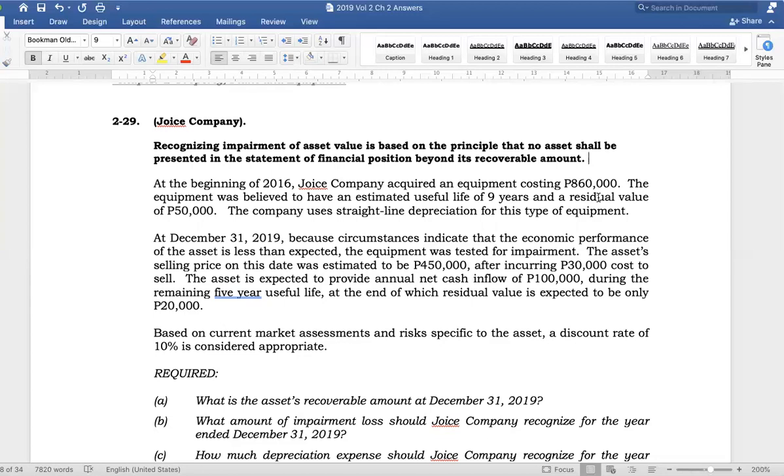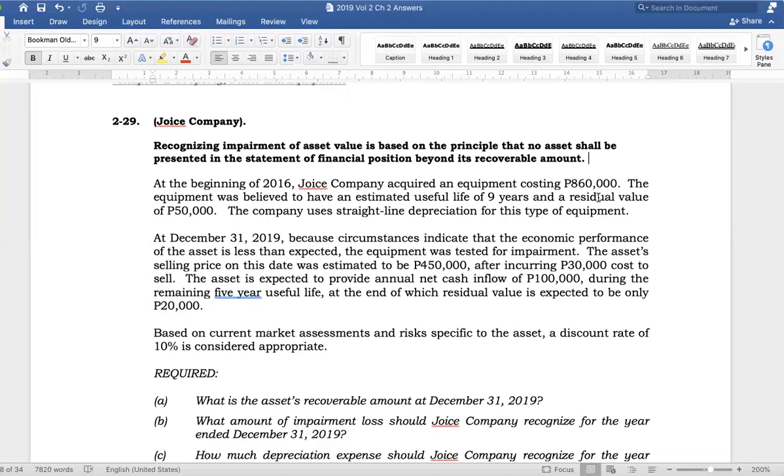At December 31, 2019, because circumstances indicate that the economic performance of the asset is less than expected, the equipment was tested for impairment. The asset selling price on this date was estimated to be $450,000 after incurring $30,000 costs to sell.